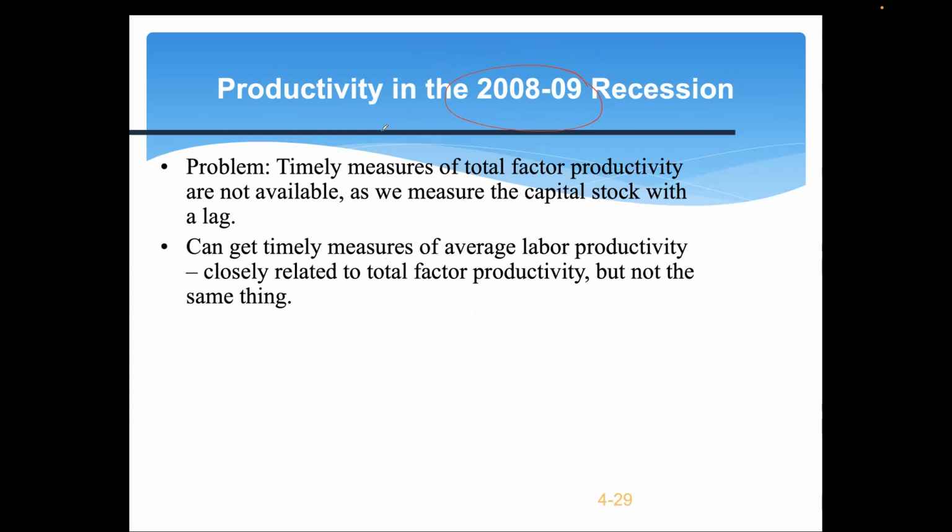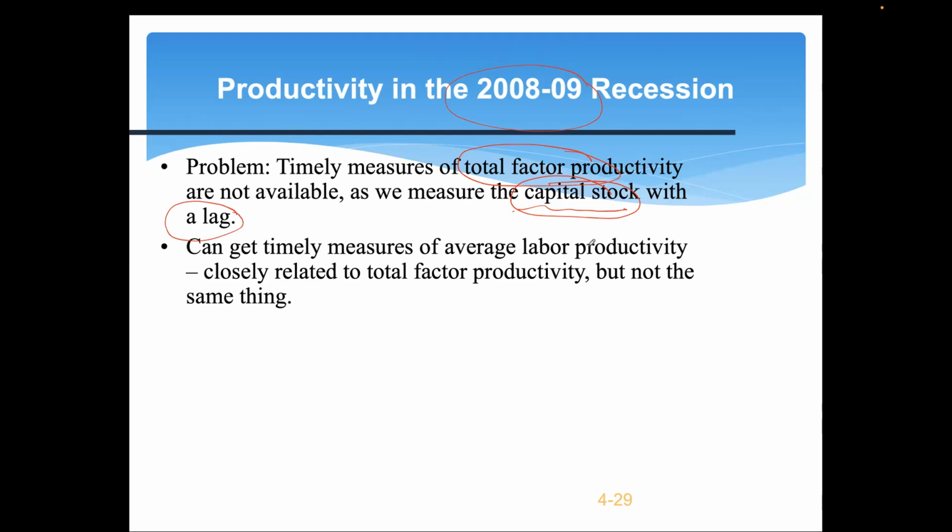To understand what's going on there, usually we may have a problem measuring total factor productivity. Why? Because we must measure capital stock, but usually we can only measure capital stock precisely with a lag.